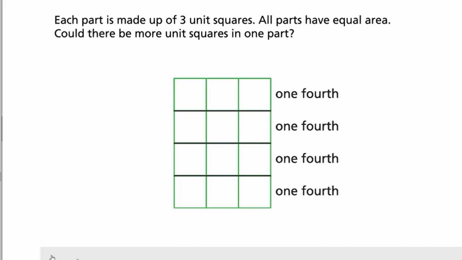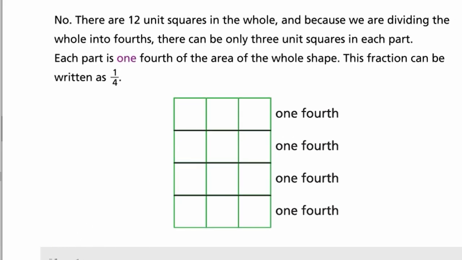Because if we try to make one of them more than 3, we will take from the another one, so we cannot divide it into 4 equal parts unless we give each part 3 square units. Okay, thank you, Faris. So, my heroes, we need to divide it into 4 parts. So, we cannot make it more than 3.